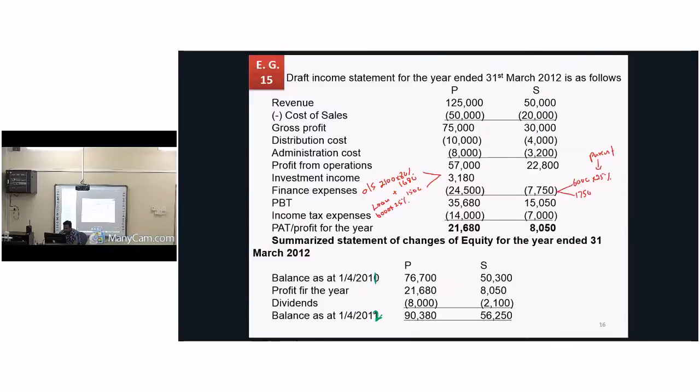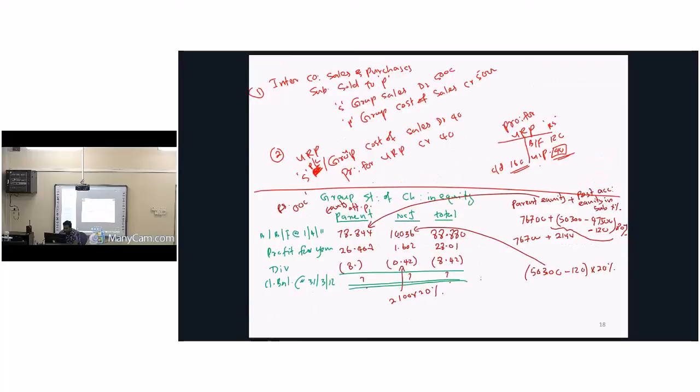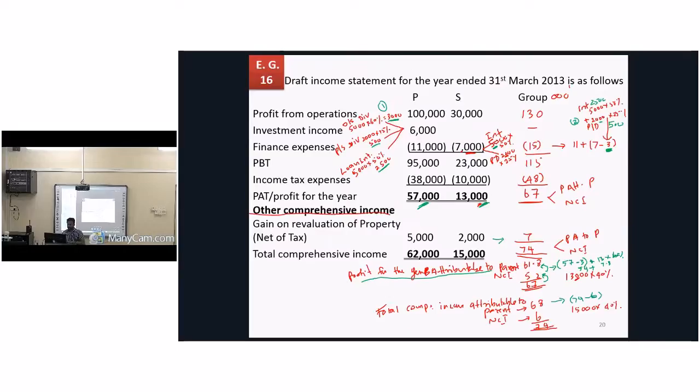Right, look at this question now. Before that, let's move to this question.